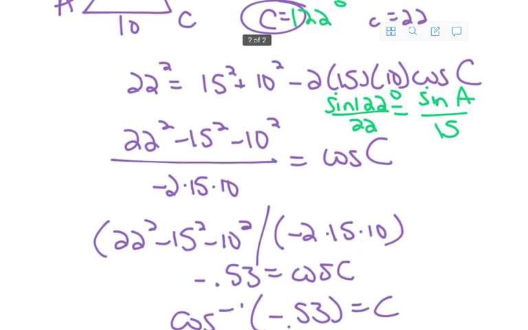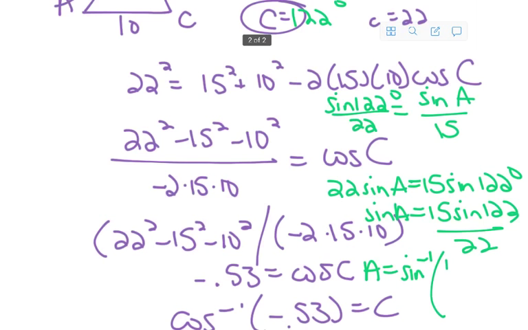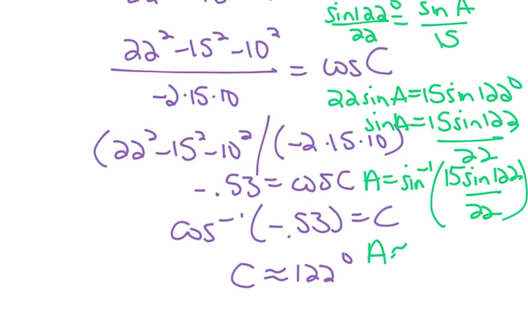When I cross multiply, I'm going to get 22 sine of A is equal to 15 sine of 122. I'm going to divide by 22. And then I'm going to take the inverse sine of that. And I'm going to find out that angle A is approximately 35.3 degrees.